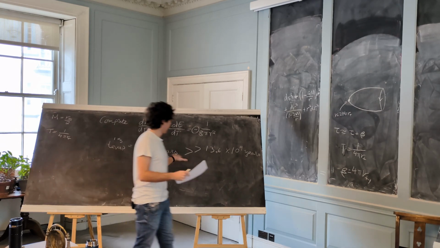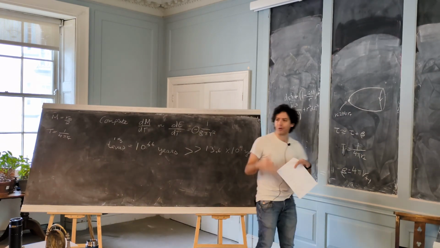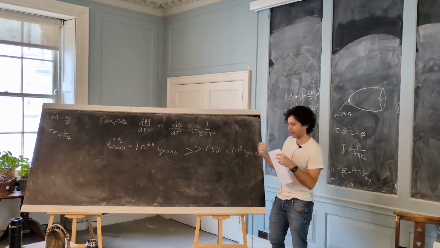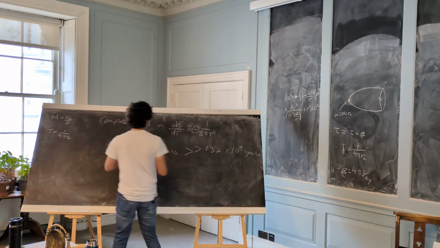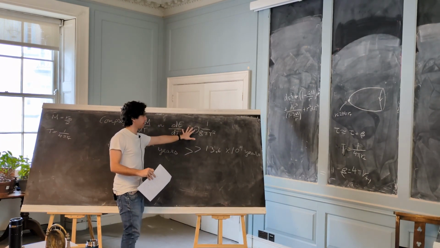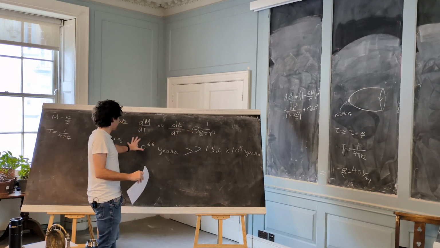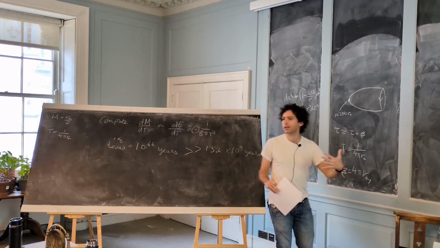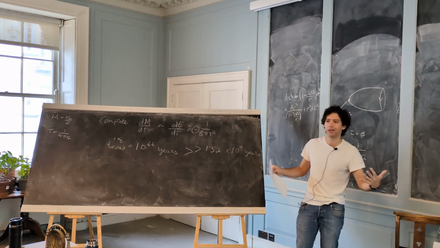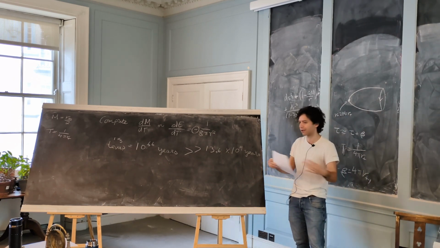Okay, so this really brings us into a very bizarre realm where you can do these calculations, you find that the black hole wants to evaporate, but the black hole will evaporate in a time that's so large that maybe you might consider that we should just completely ignore this effect. It's not within the realm of the physics of our universe.